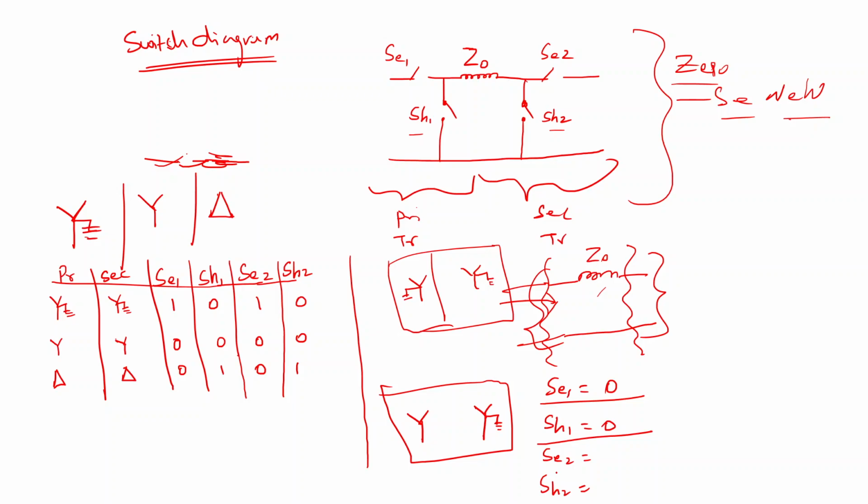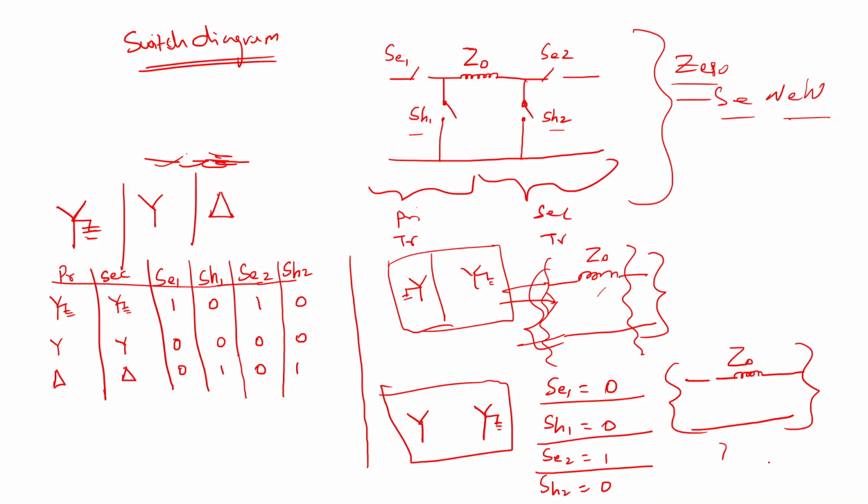Then how will the diagram be? The diagram will be like this. So this part is disconnected. This is connected. So this is the diagram, Z0. Correct or not? Correct? Yes, sir.